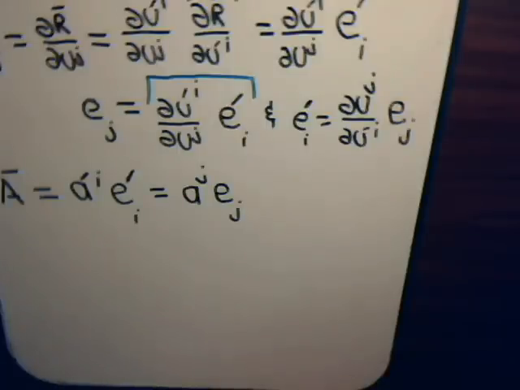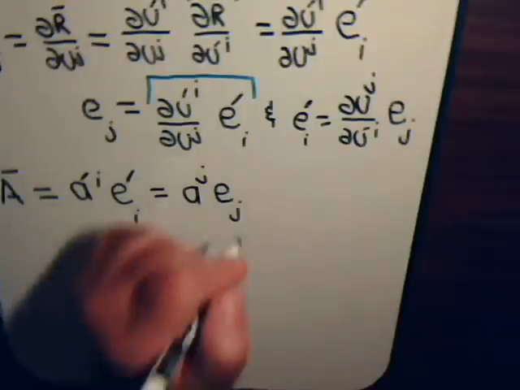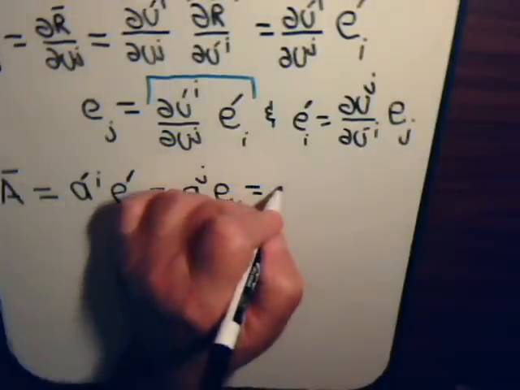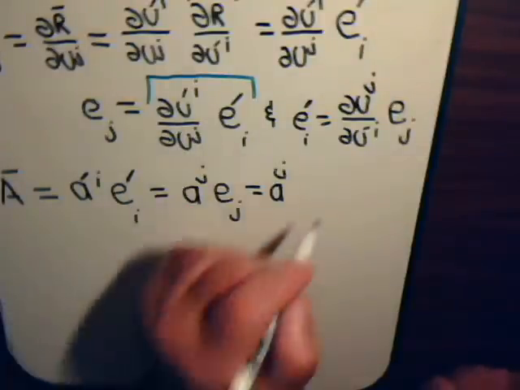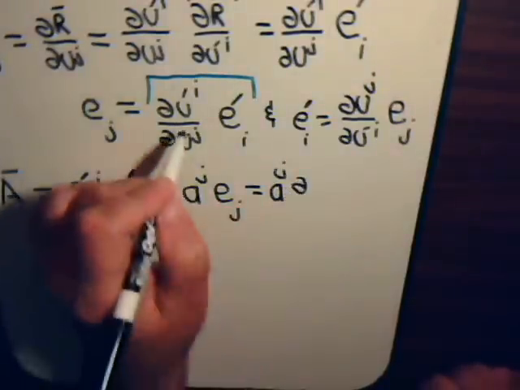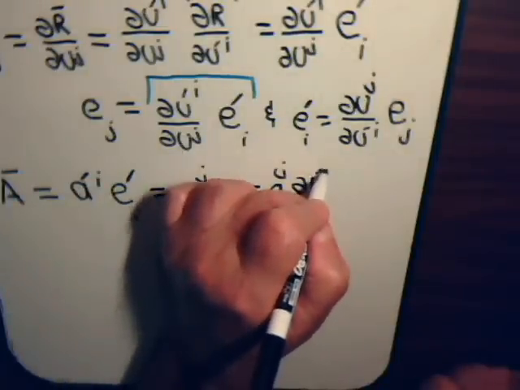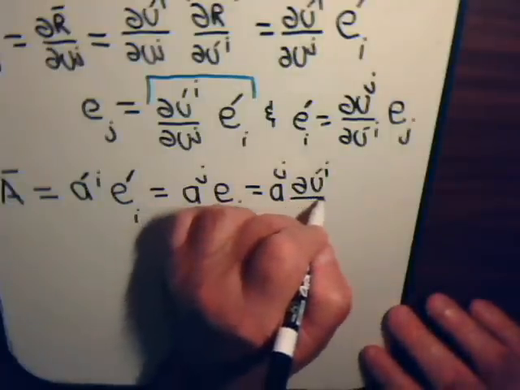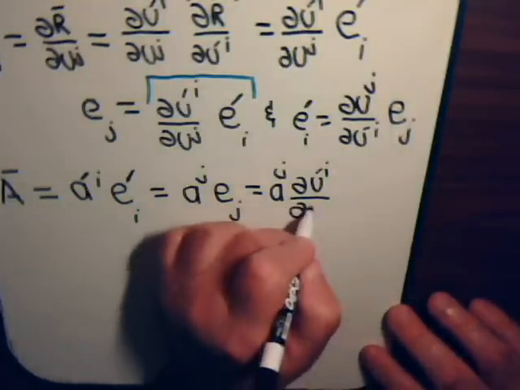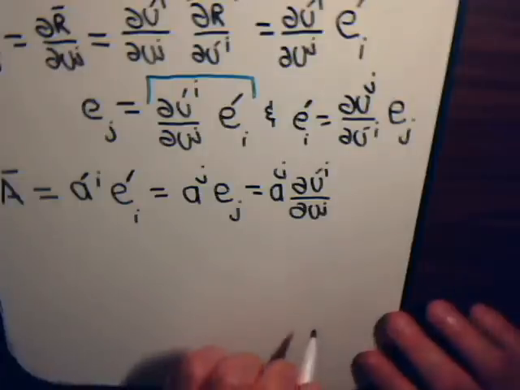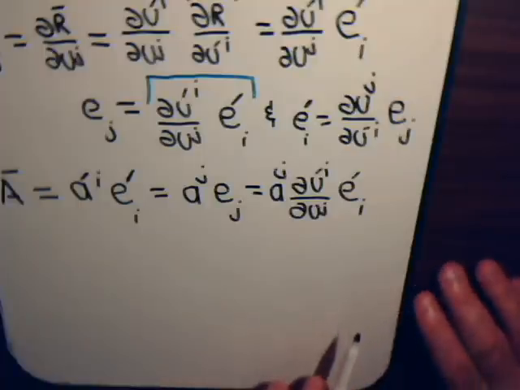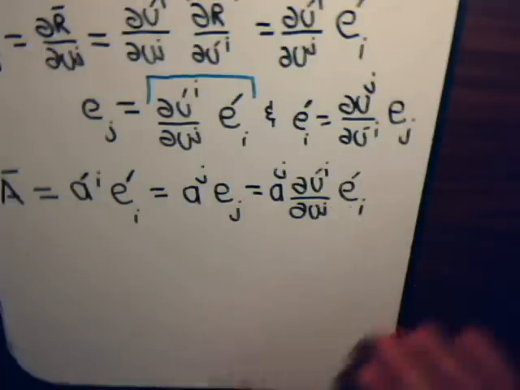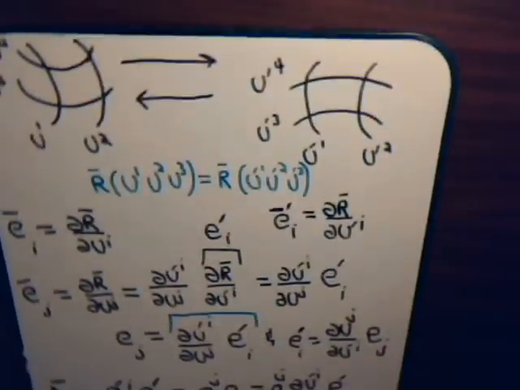So we can say that this then would be equal to A_j, then we have this here, partial of u' i with respect to u_j times e_i'. And again, this is the tangent vector for any particular coordinate here in our prime system.